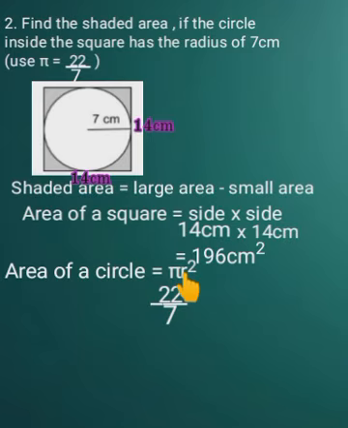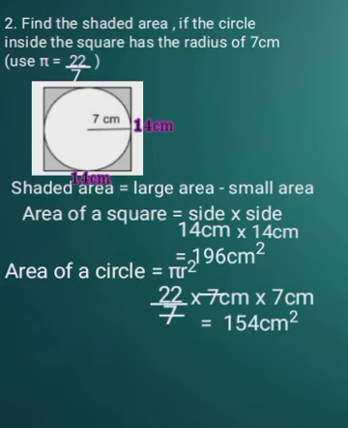Remember, it is r squared. Here 7 and 7 cancel out, you remain with 22 times 7. 22 times 7 is 154. So the smaller area is 154.